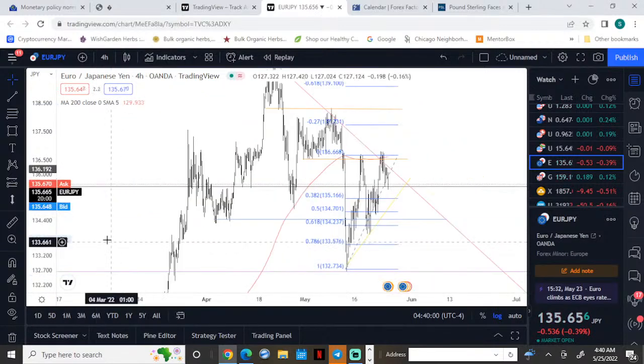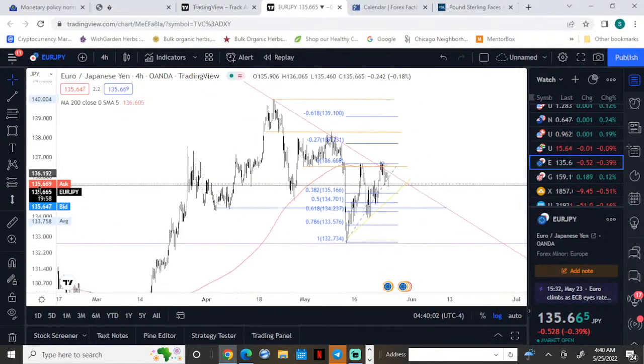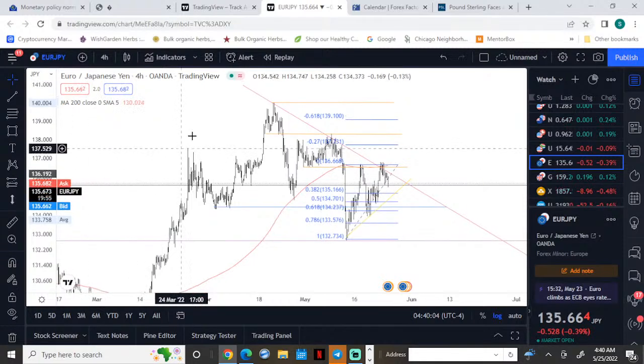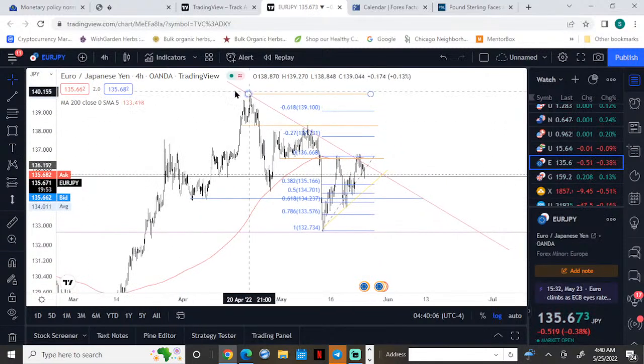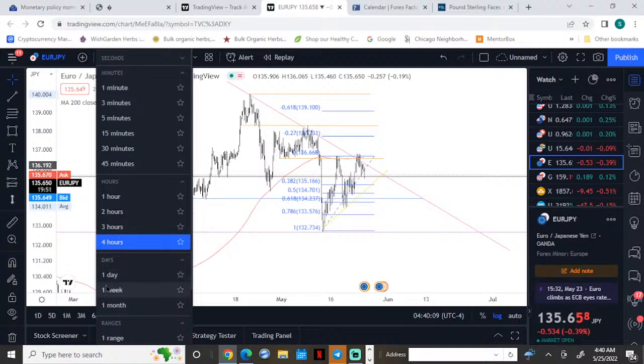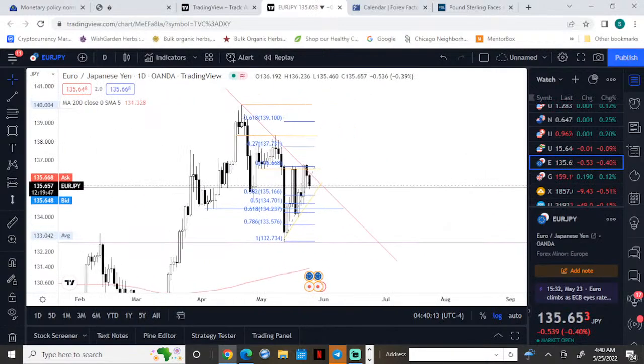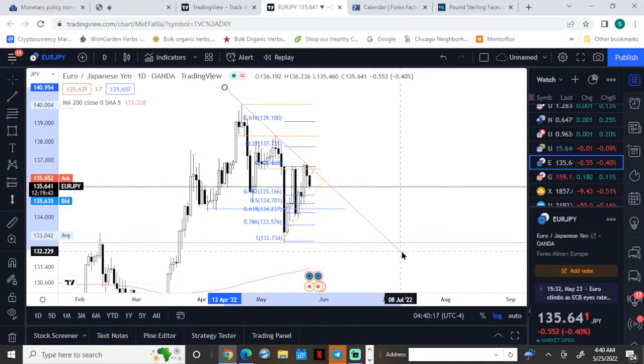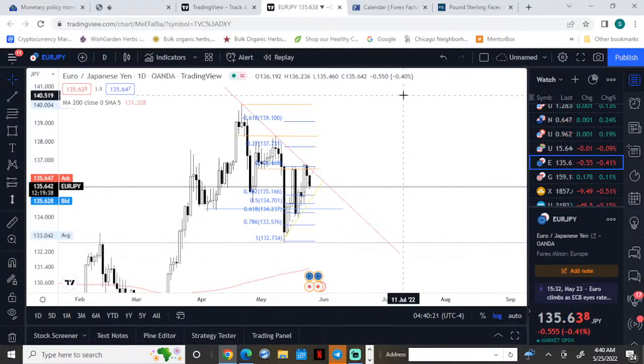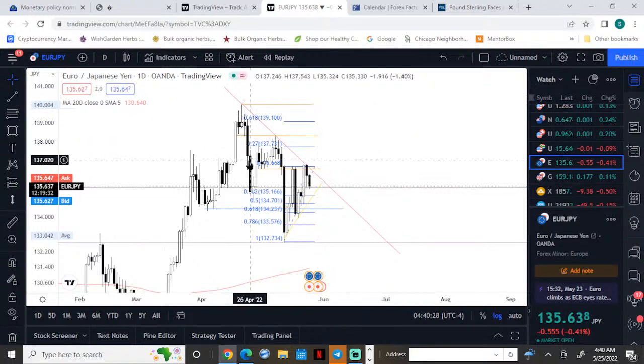Let's come up to the 4-hour. Now this is a 4-hour. Is this a 4-hour trend line or a daily? It's red. It's a daily trend line. And on the daily, it's still a downtrend.